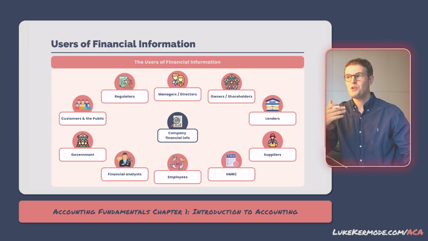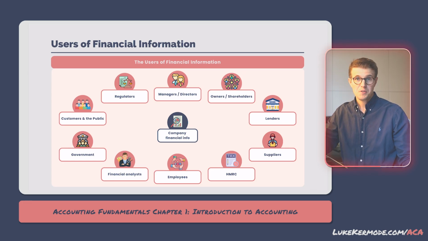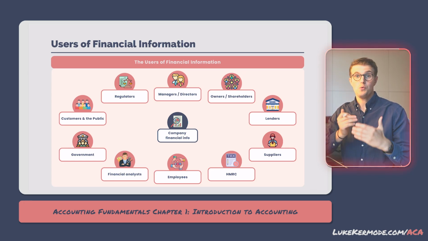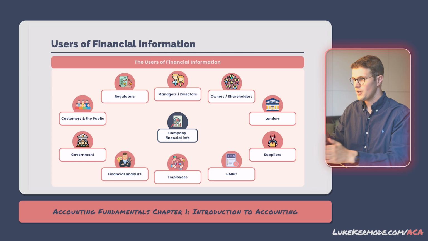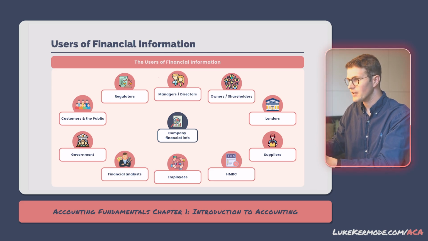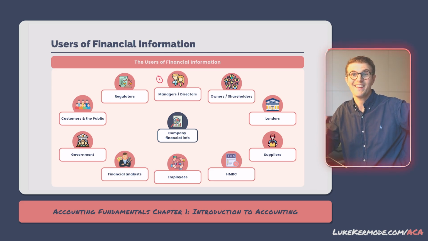Financial information is used by a wide variety of people, all with different needs. On this slide, we'll run through the main users and how they actually use financial information. So firstly, we have managers and directors who are responsible for running the business.